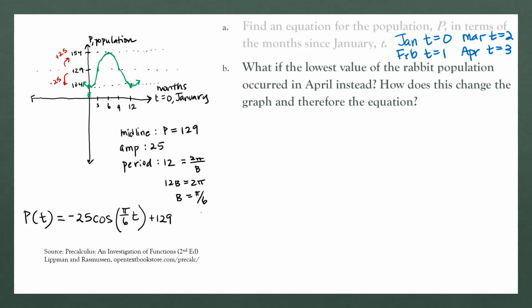So going over to the graph, instead of hitting that low point of 104 at 0, I would be hitting that low point at 3. So the graph has done what? The graph looks like it has shifted. And if it shifts to the right for that first point, then it's going to shift to the right for every point that follows.